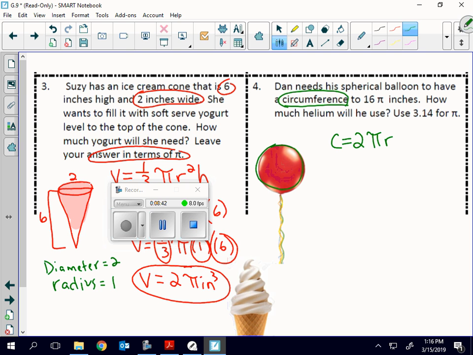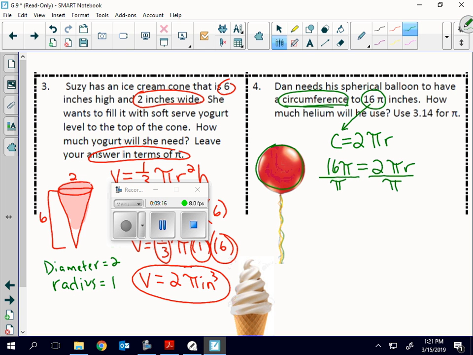So if we want the circumference, c, to equal 16 pi, and c equals 2 pi r, what can we cancel out here? I can divide both sides by pi.